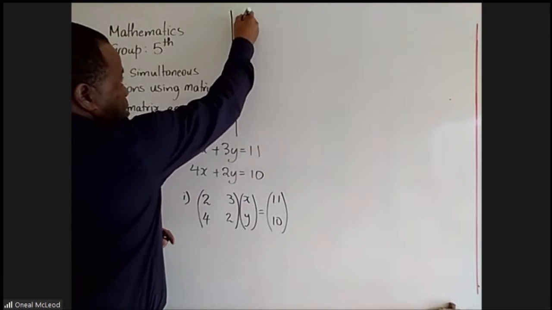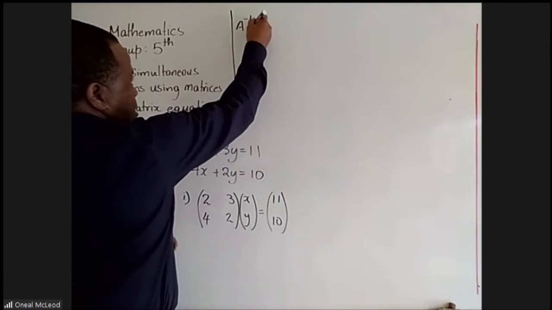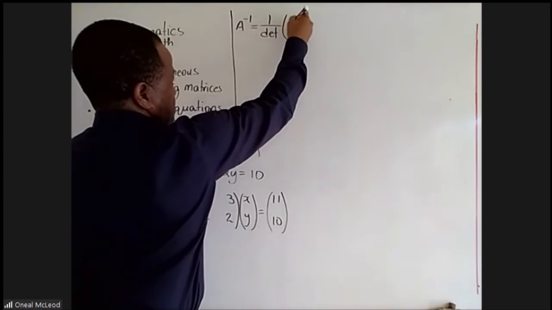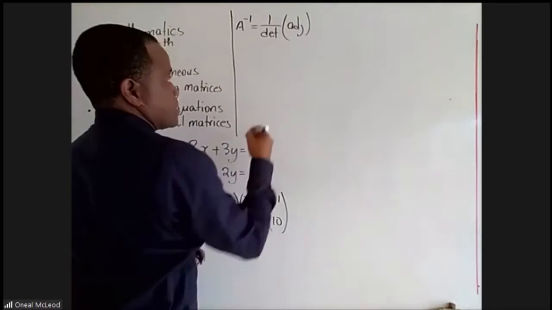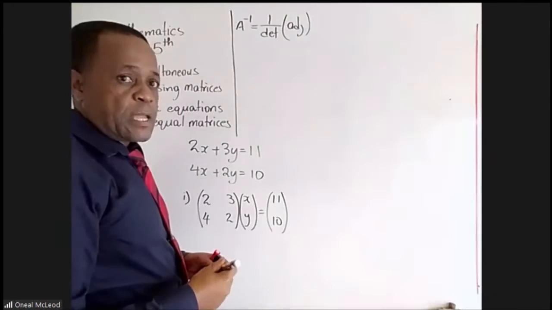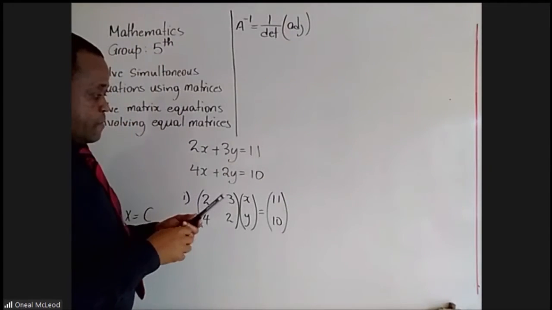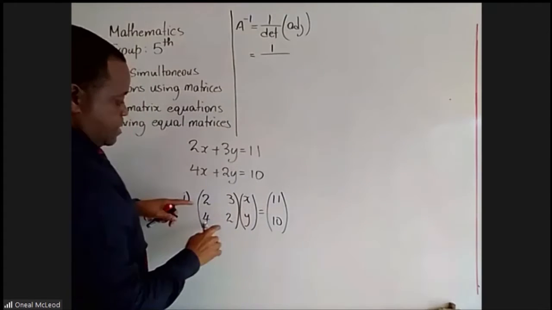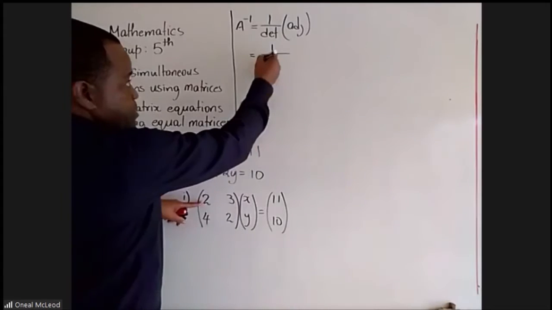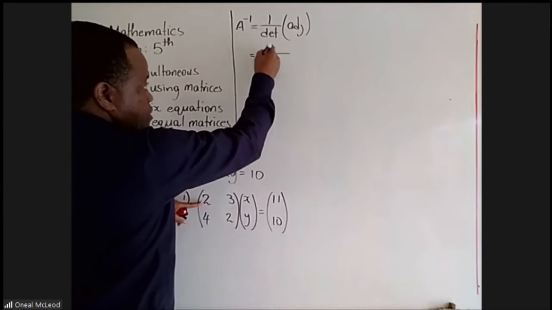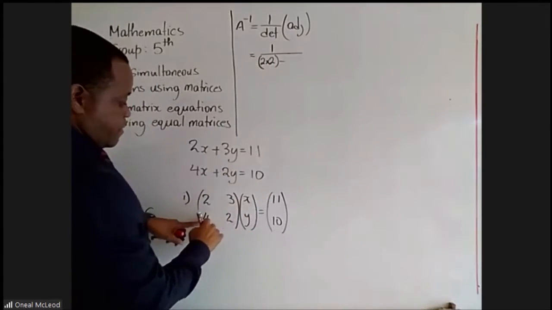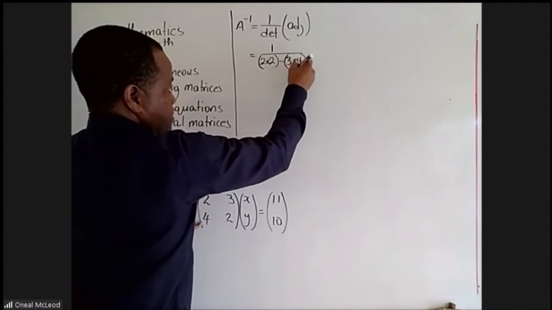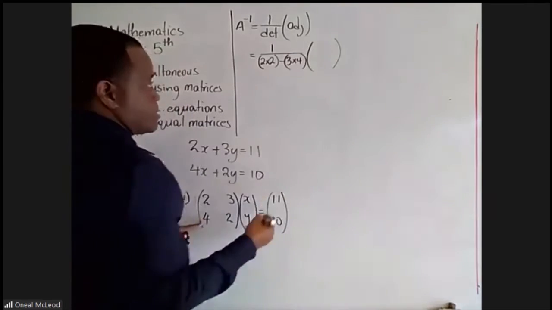So this now would be A inverse, and A inverse is 1 over the determinant times the adjoint. Now, it's 1 over 2 times 2 minus 3 times 4, times the adjoint.